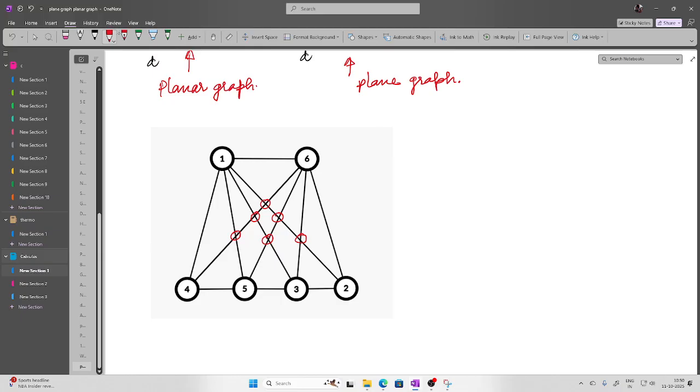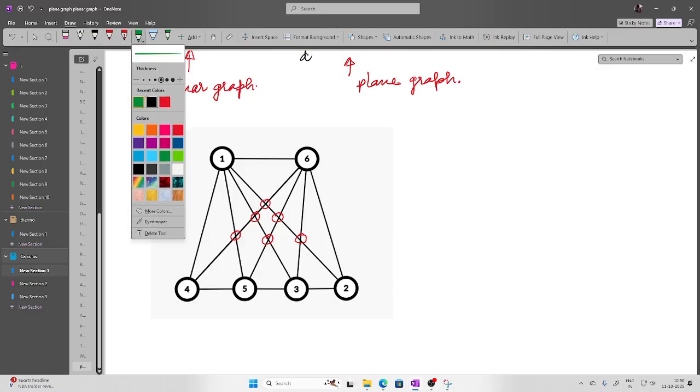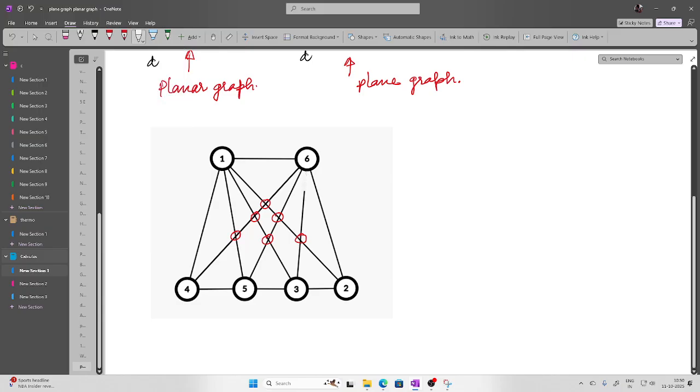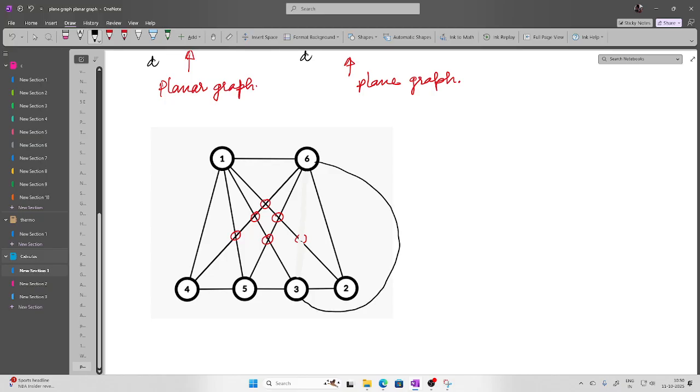One such way is, let's take this as white. Let us remove this edge. Now what I'll do is draw this edge from outside like this.